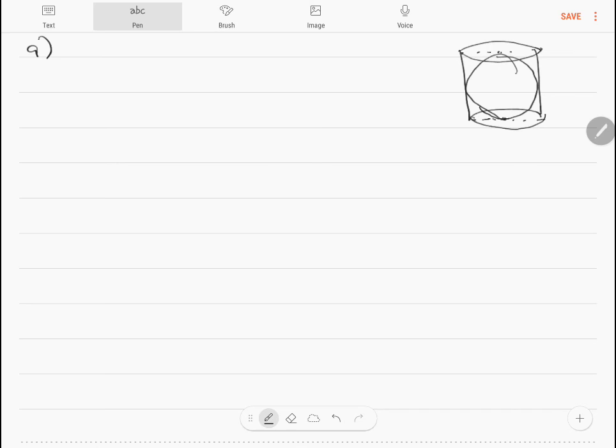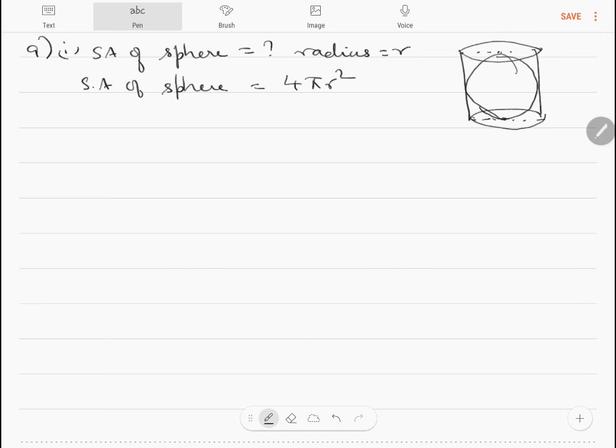This is a sphere. So they have asked for the surface area of the sphere of radius r. So the surface area of the sphere is equal to 4 pi r square in this case.